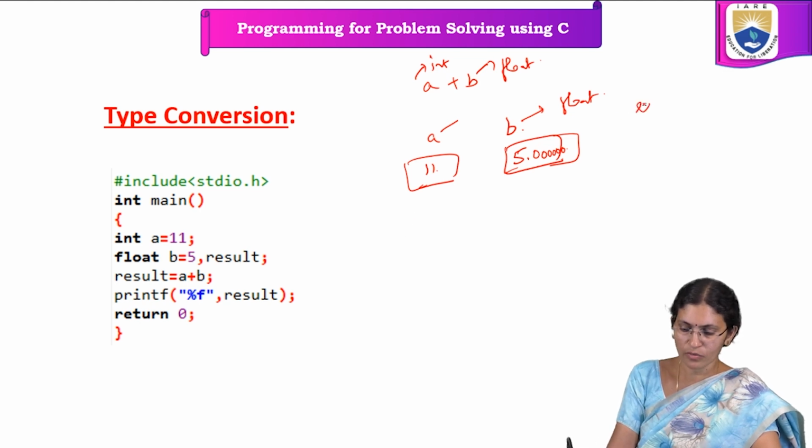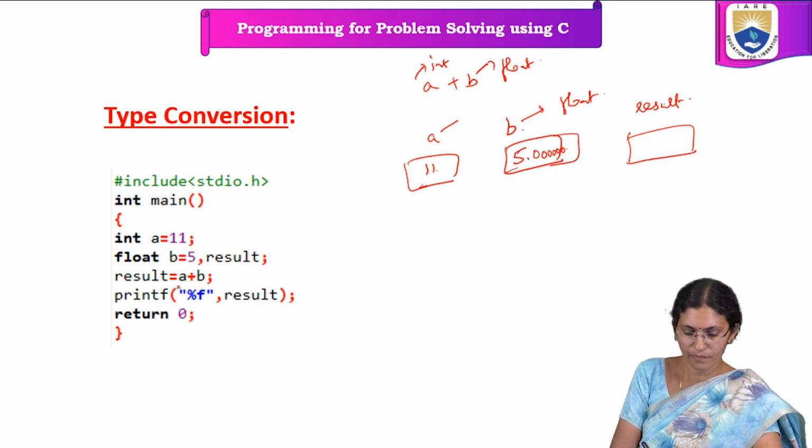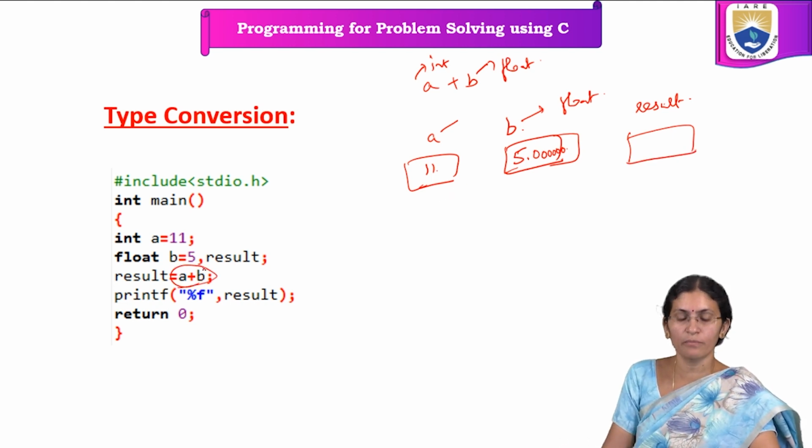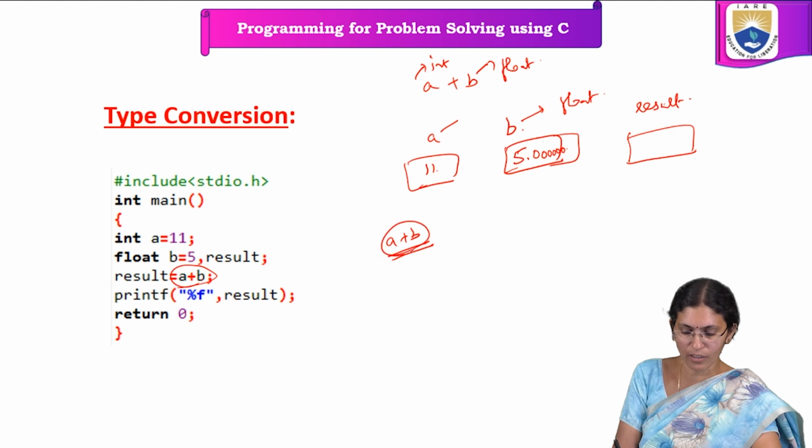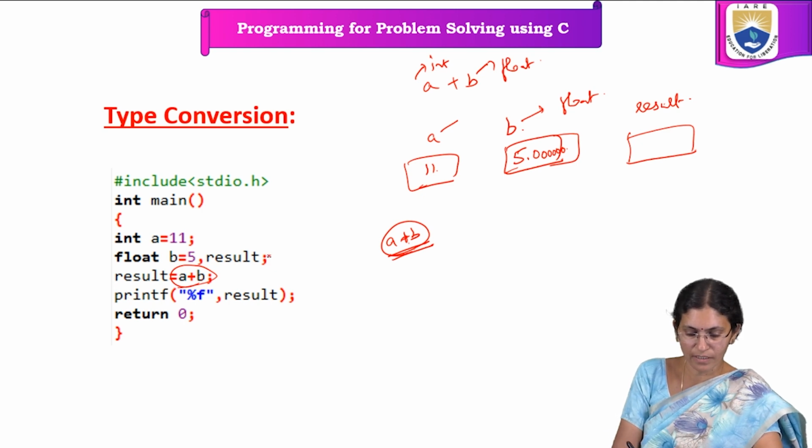Next, we have declared a third variable, result. Here a plus b is the expression, and the outcome of this expression is assigned to the variable result. That result is float type; we have declared it as float type.